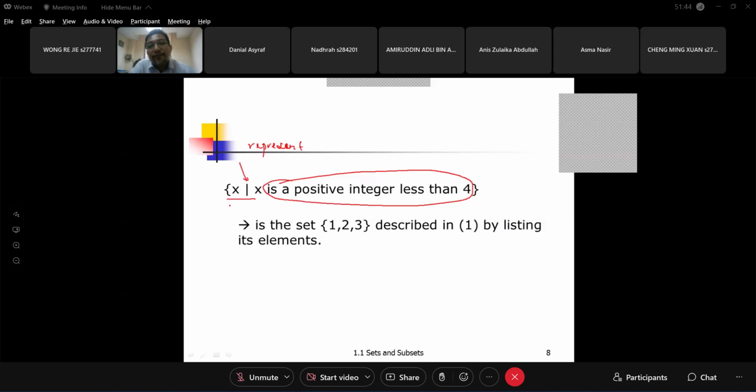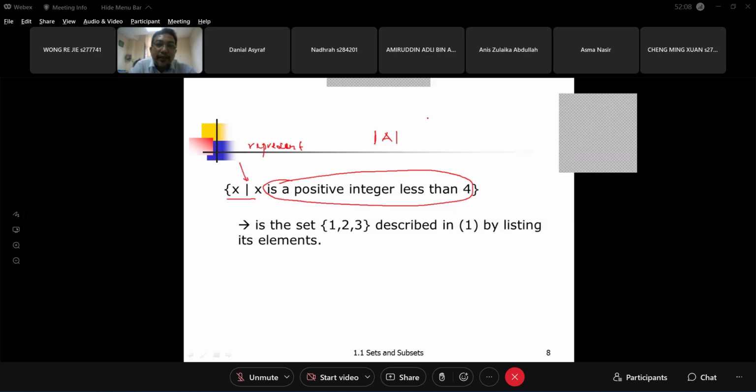Sometimes we use two of these symbols, like here. The first one, when we put it like this, means absolute number or absolute value.